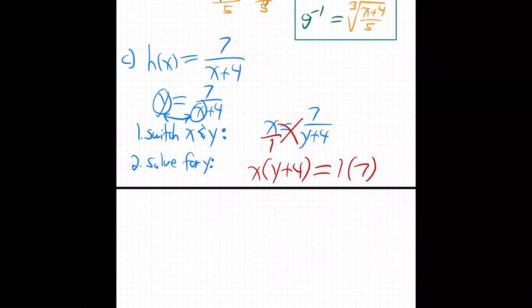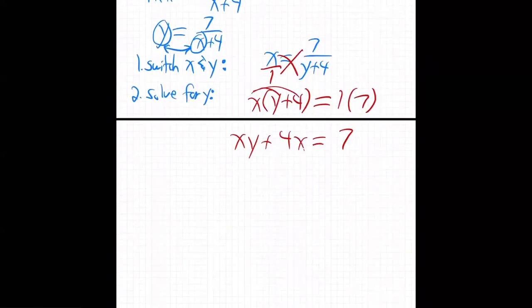And so then distribute, boom, boom, xy plus 4x. 1 times 7 is 7. Okay, and now what are we trying to do here? Y. Y is right here saying, I want to be alone.